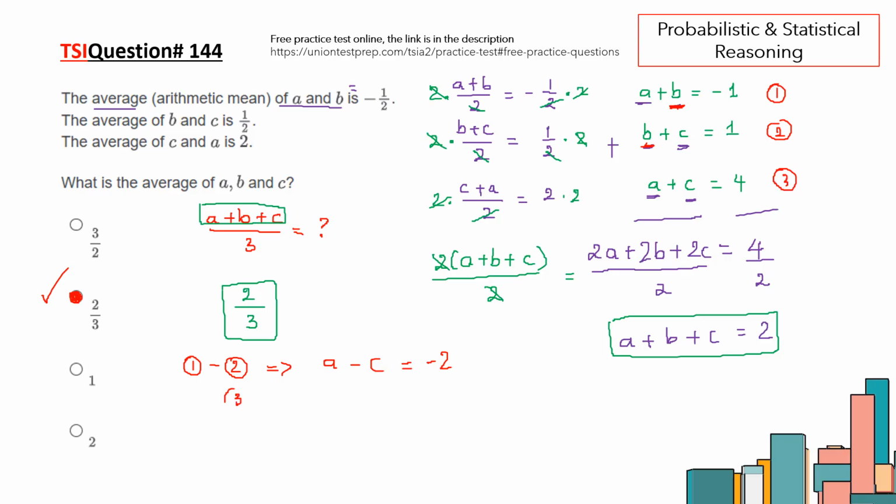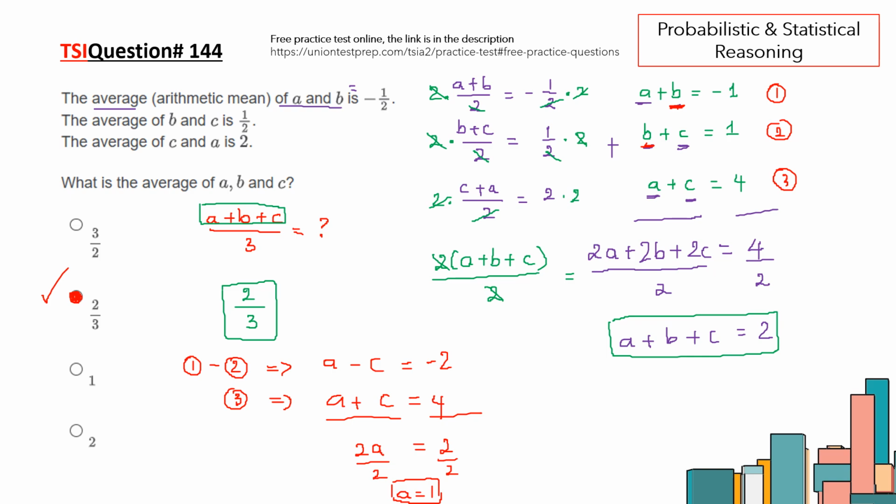Now look at equation number 3, A plus C equals 4. You can add those two together. A plus A is 2A, which equals negative 2 plus 4, which is 2. Negative C plus C is 0, it's already gone. So we divide both sides by 2 and we have A equals 1.